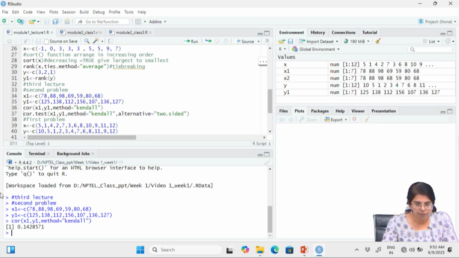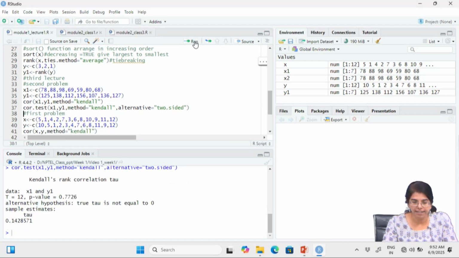Now, for example 2, you may be interested in making the test of significance. So, have you checked it out?